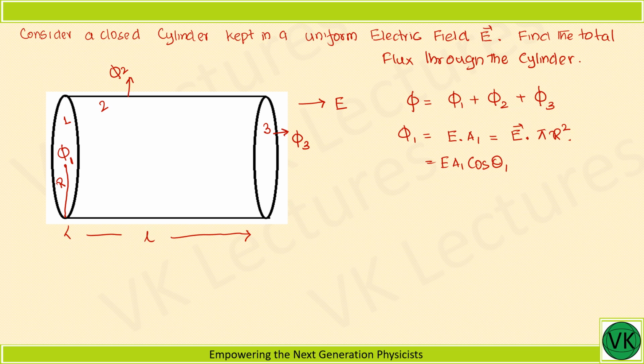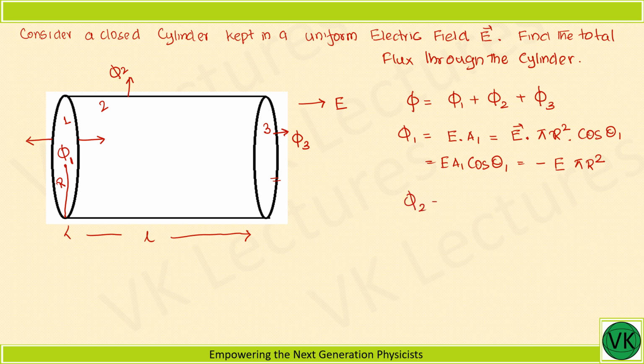The electric field is in this direction, towards the right, and the area vector will be pointing outward, so the angle is 180 degrees. So cos theta 1 with theta 1 equal to 180 gives minus E pi capital R squared.